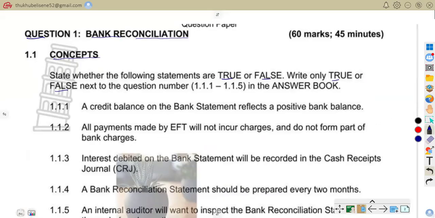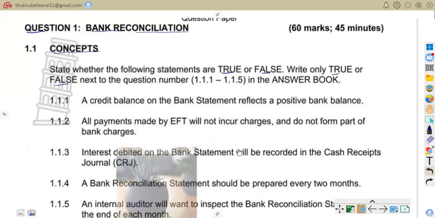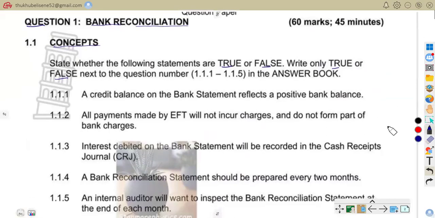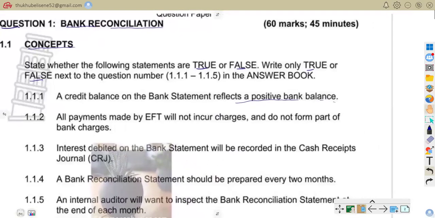The first statement, which is 1.1.1, says a credit balance on the bank statement reflects a positive bank balance. We want to know whether this is true or false. The answer there is true.